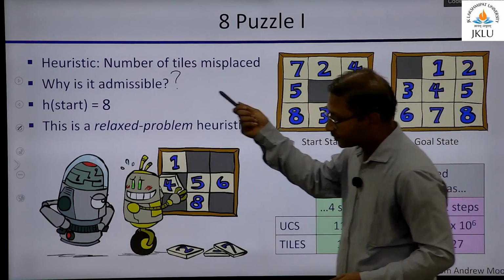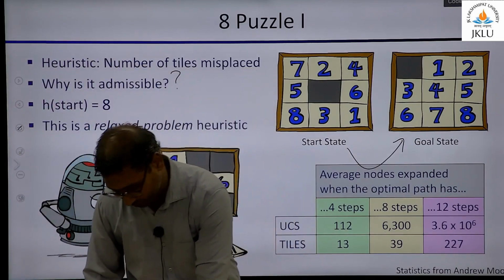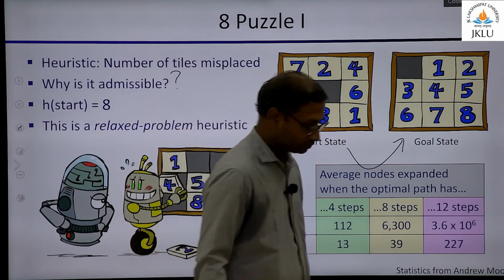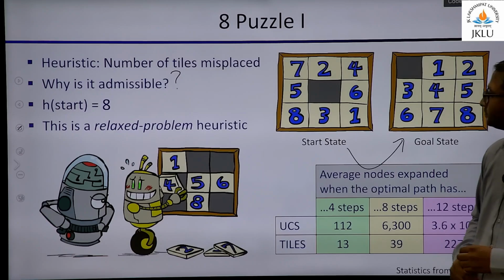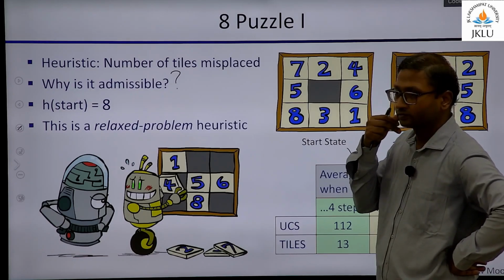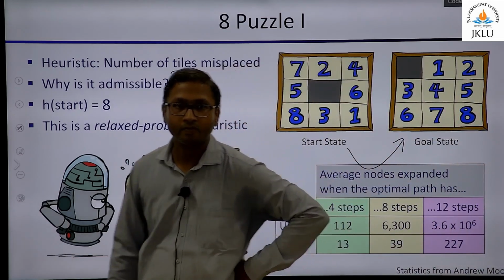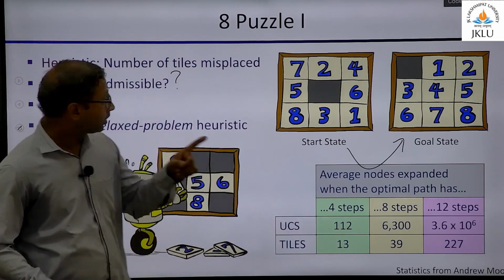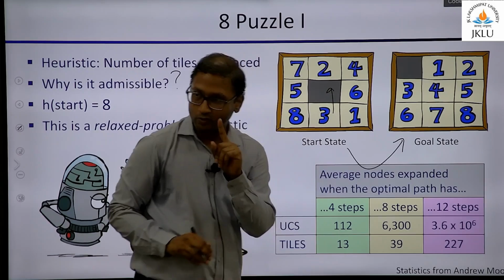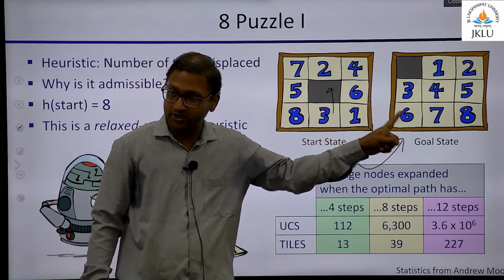Why is this admissible? We have talked a lot about this just now. See, if you were counting moving this as one cost, unit cost, will it cost you just 8 steps to reach here?